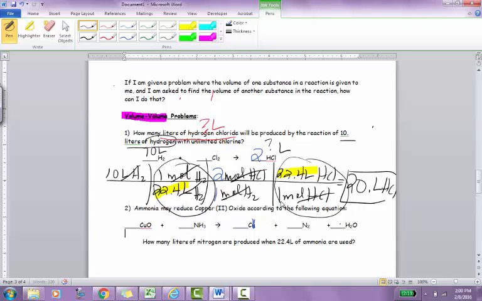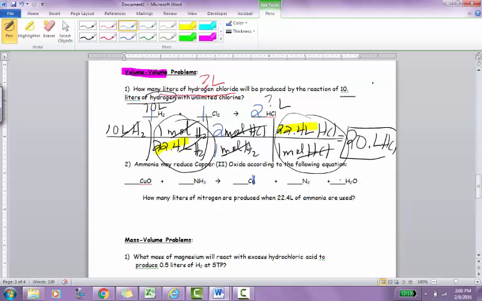In fact, when we interpreted equations using the coefficients, I'll even write in the 1 here, not only do they stand for moles, 1 mole of hydrogen and 1 mole of chlorine make 2 moles of hydrogen chloride, they also stand for molar volumes. 22.4 liters here, 22.4 liters here would give you 44.8 liters here. And that's why this works. So if it's a volume problem, you can kind of ignore these two steps and really just use the mole ratio right here in the middle. That's all you need.